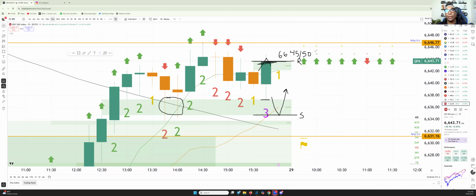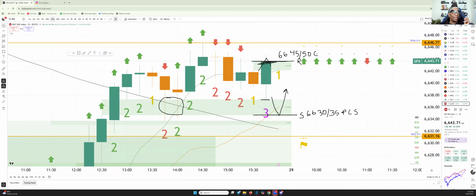Exactly. So that would have been like a 66.45/50 call credit spread because it closed at 43. And down here, when price came down here, if you wanted to do a 66.30/35 put credit spread, you could do that. So the thought is that last 30 minutes, 15 minutes, something like that. I've not done it in larger time frames.